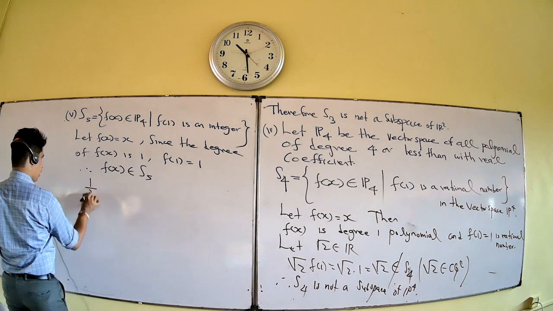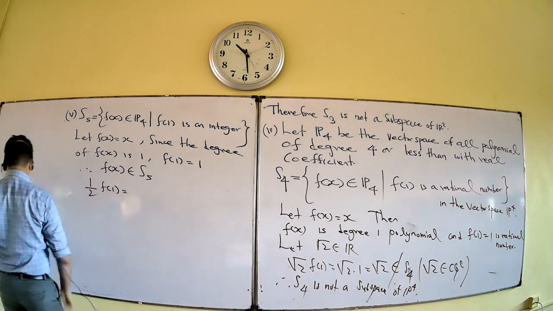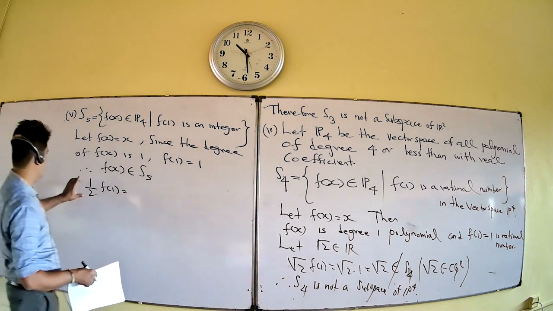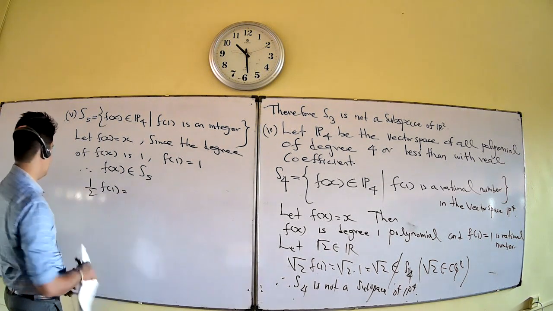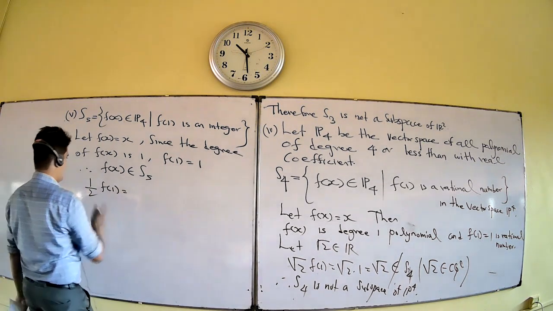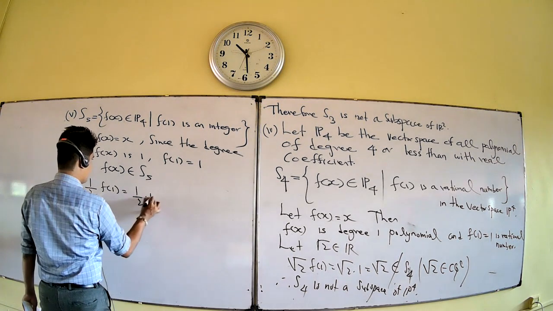Now you take half times f of 1. Half is a fractional number, not an integer. It's a scalar. Half times f of 1 means half times 1, which is half.